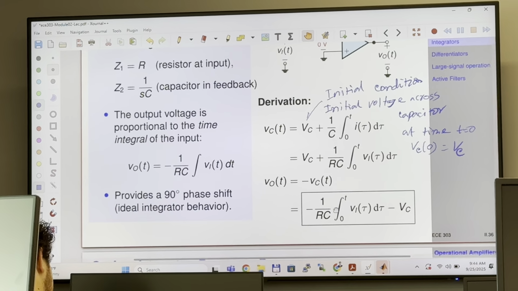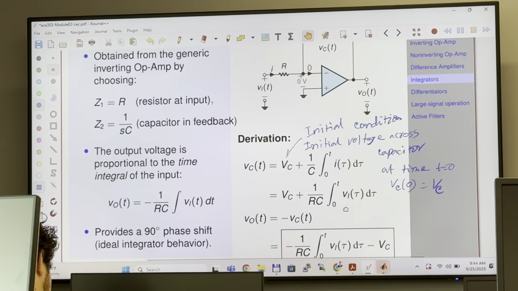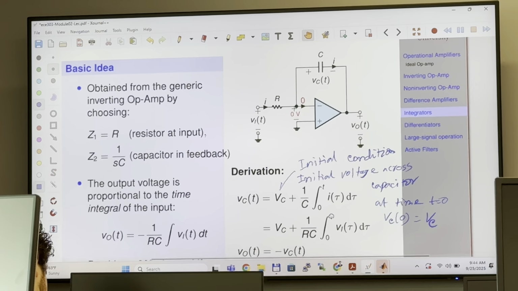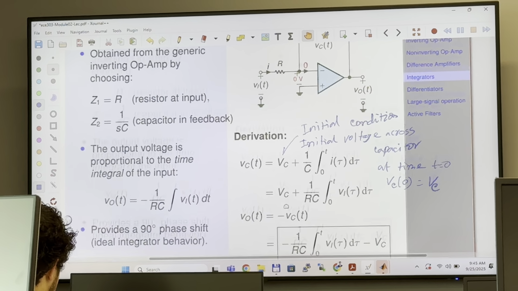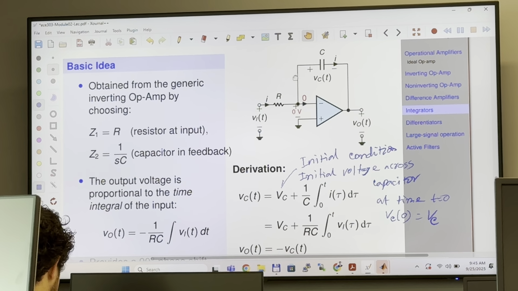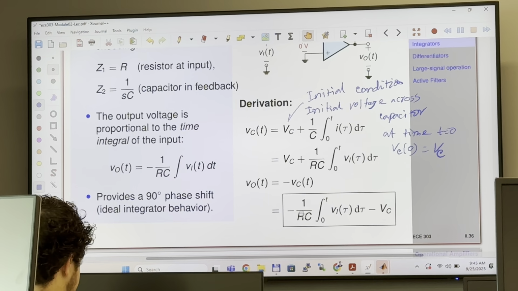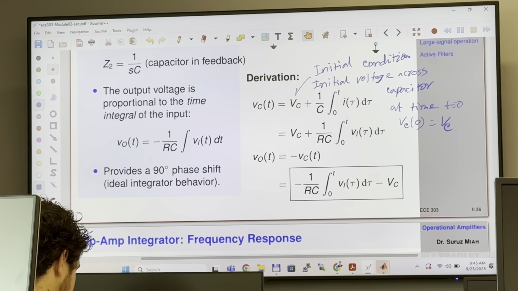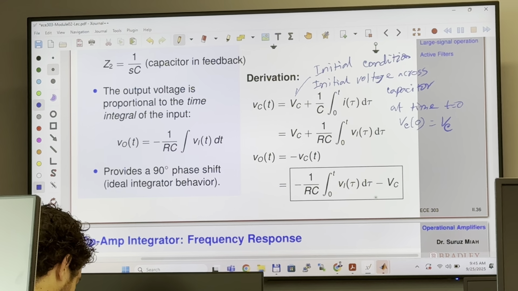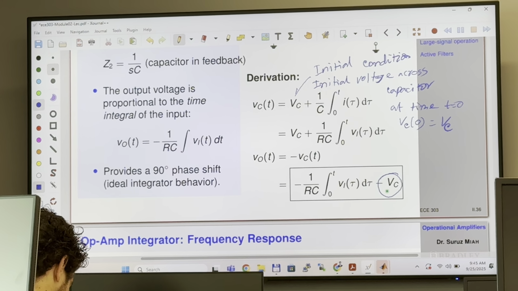And then if you substitute the current expression, the output voltage is going to be, if you apply KVL, simply the negative of VC(t), and VC(t) is just to substitute this expression. So this is what you are supposed to do. So here, see, we have negative VC.